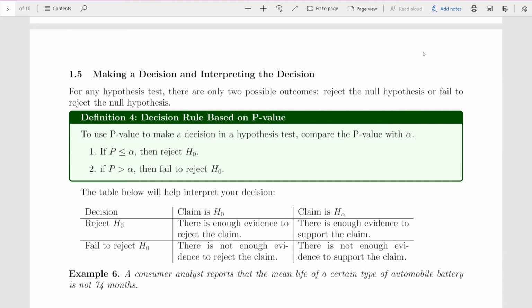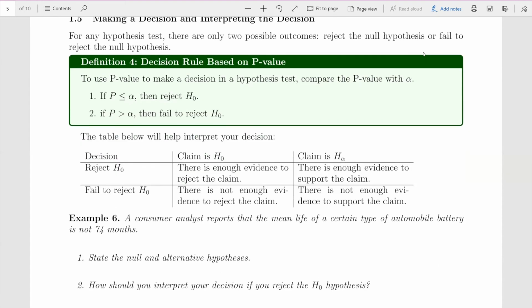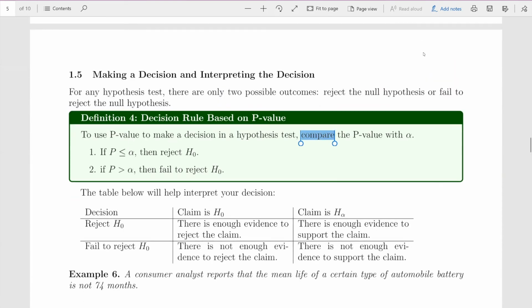There's a saying that helps me memorize this rule: if p is too low, then the null has to go. So that means if p is less than alpha, then you reject the null hypothesis.